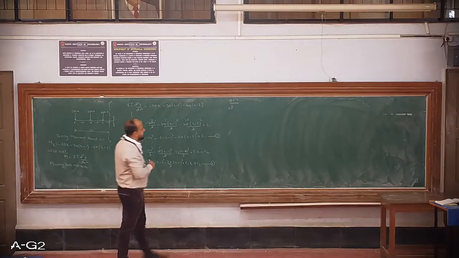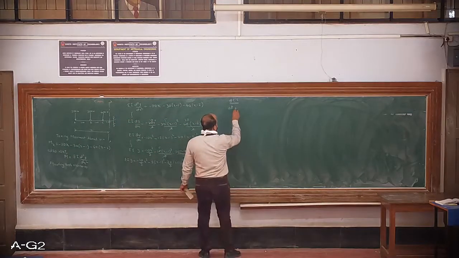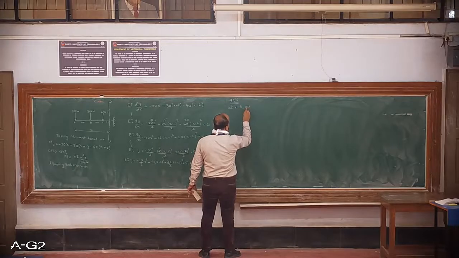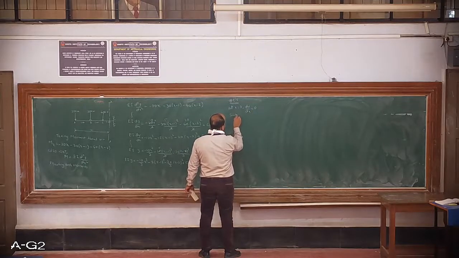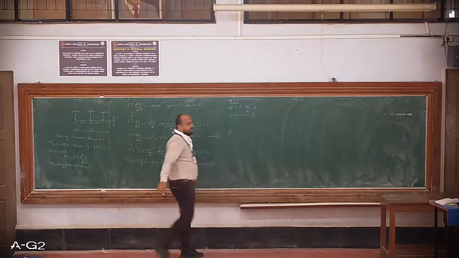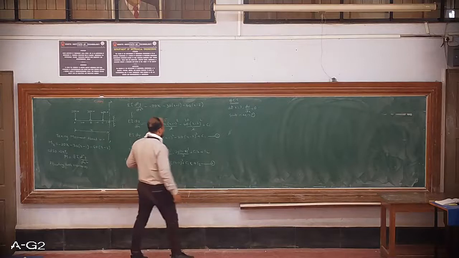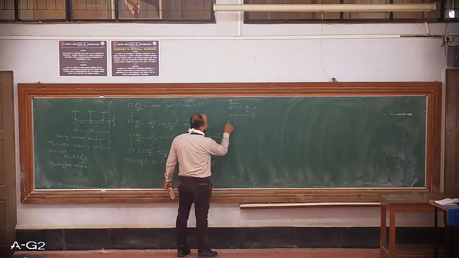It is 0. So at x is equal to 3, dy by dx is 0. Substitute in equation 1. So dy by dx is 0, means this entire left hand side will become 0.